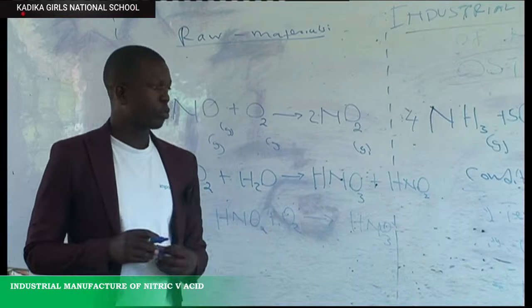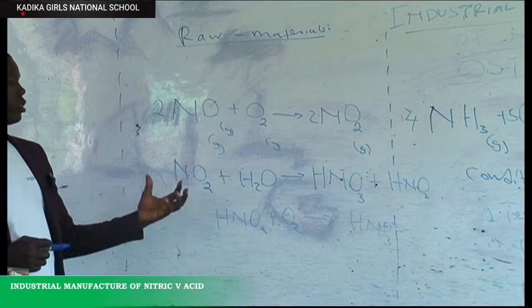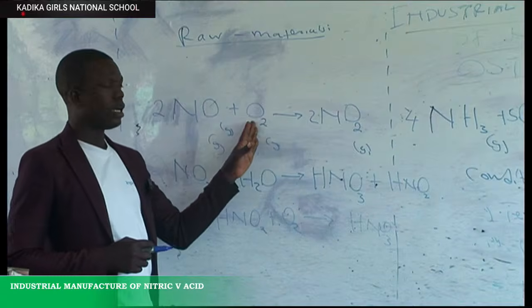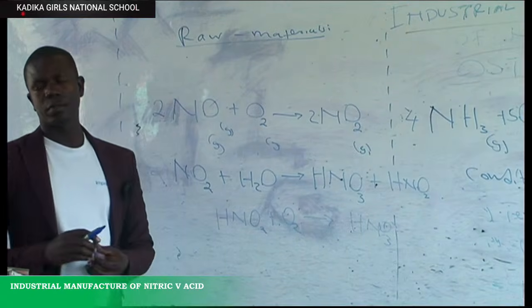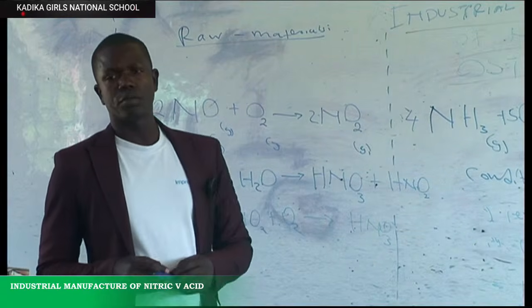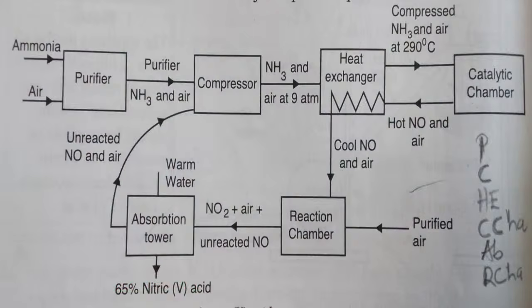In the process in the absorption chamber, the remaining traces of nitrogen 2 oxide, which might not have been oxidized, are passed back to the compressor to minimize the cost of production. So this is how we form nitric 5 acid by the Ostwald process.